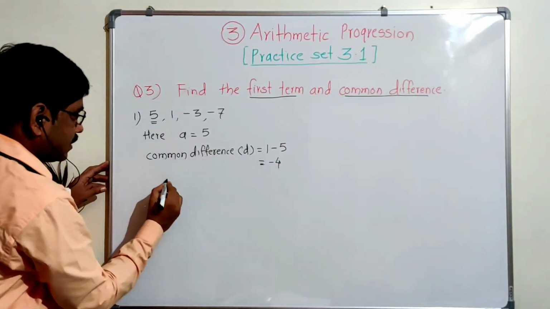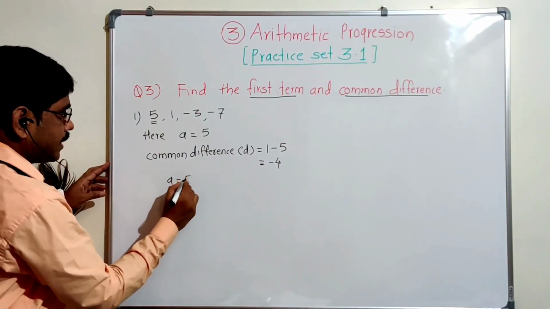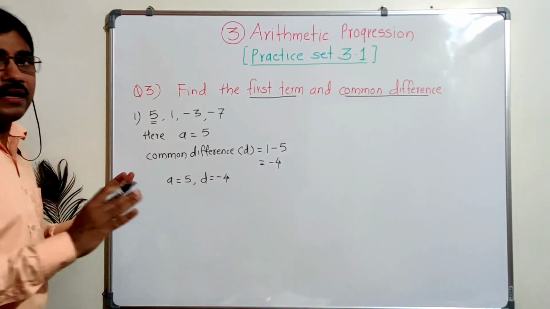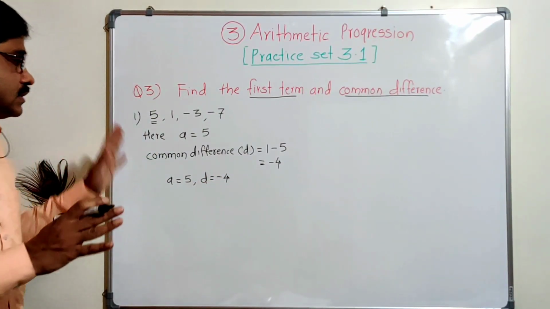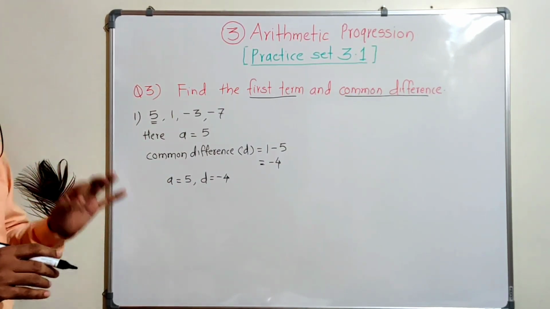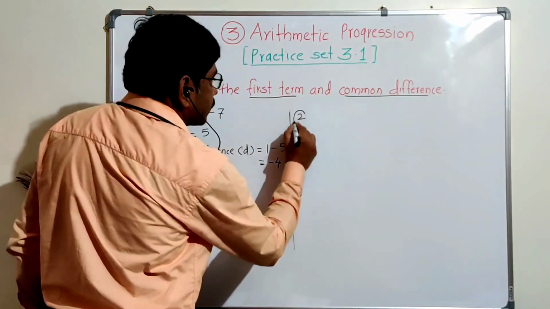So here A is equal to 5 and D is equal to minus 4. Only that we have to do. A is equal to and D is equal to. Only these two we have to find here.